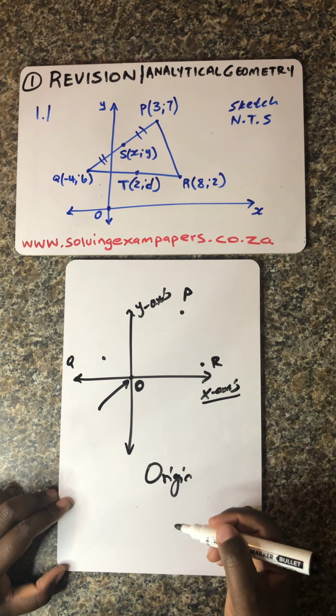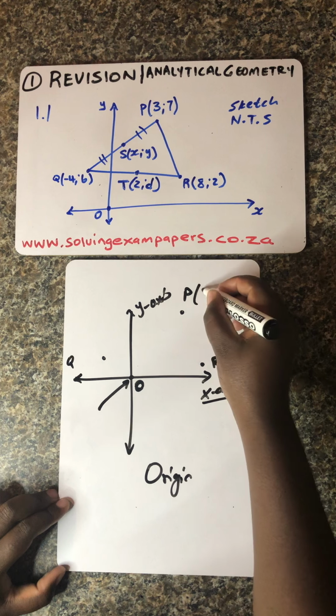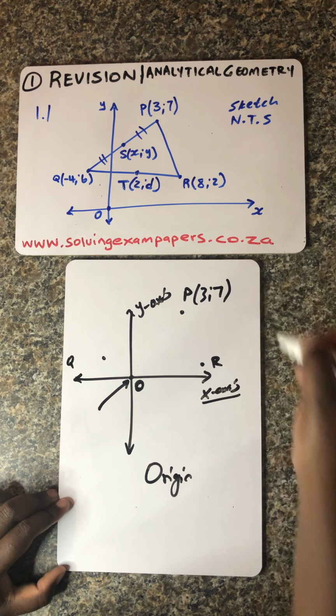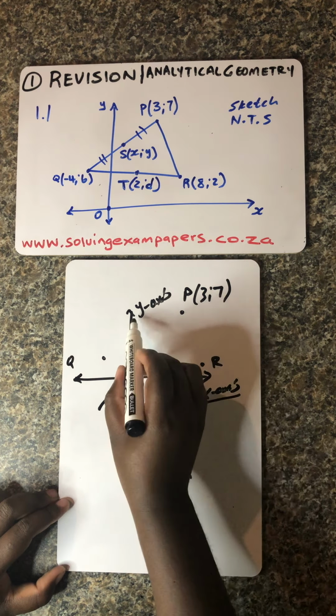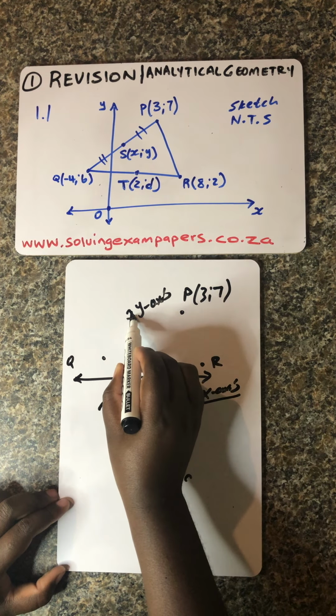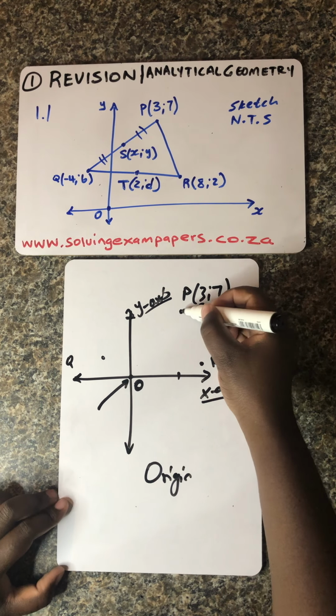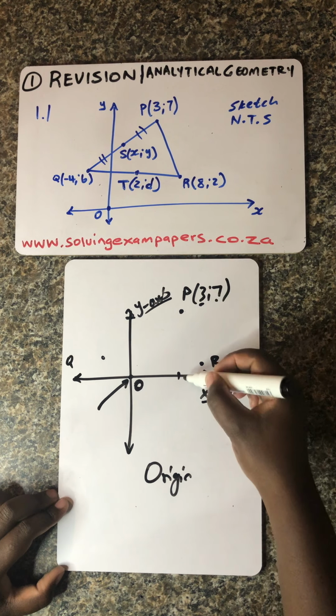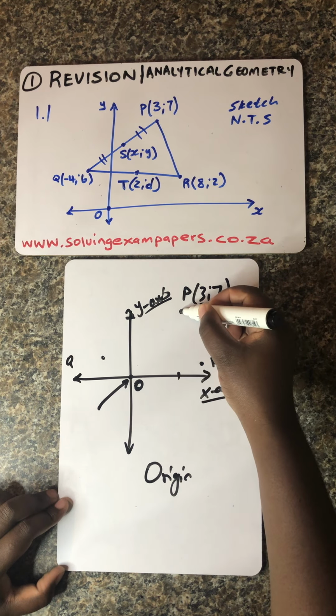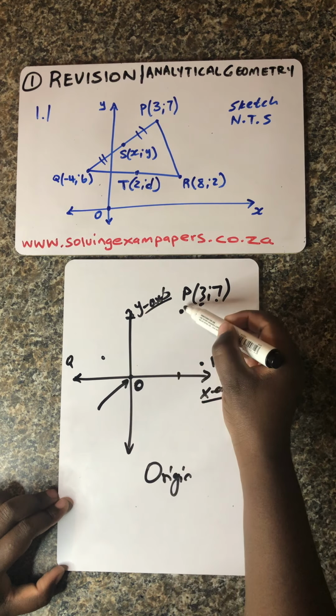Obviously, these points have got coordinates. For us to say that point P is (3; 7), we're simply saying that the point there on the y-axis is 7, and that point there is 3. So that point is where x is equal to 3 and y is equal to 7.